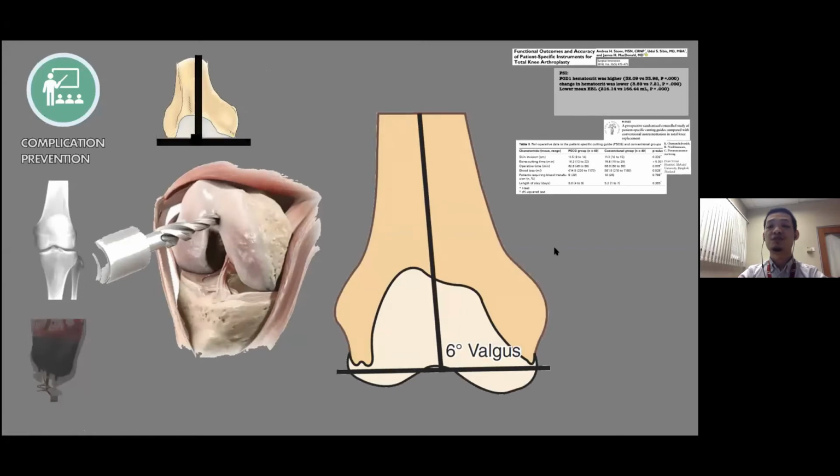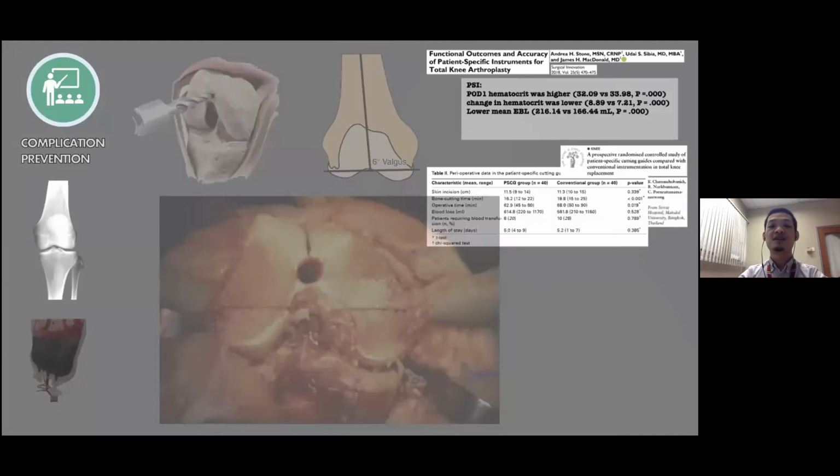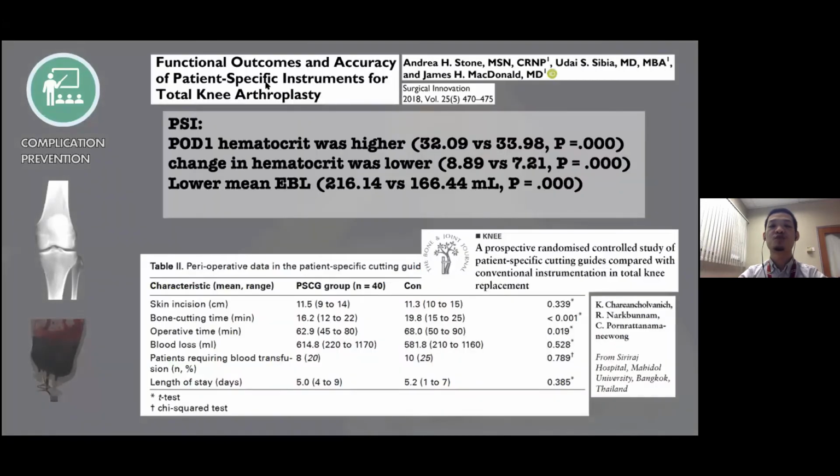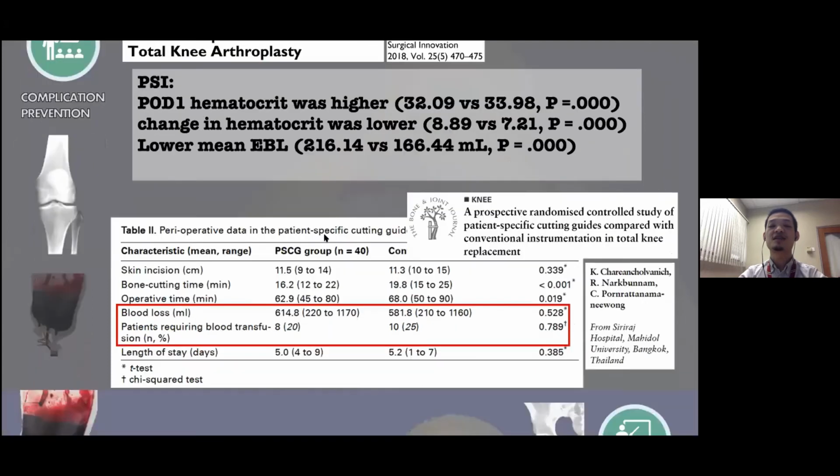So when we do the surgery, there is a hole in the femur, and we know that patients can bleed from the bone. We can cover it using cement or the patient's own bone, but patients still bleed even post-operatively. When they studied this, they noted that patients with patient-specific instrumentation have about 40 mils less bleeding. But the good thing is that fewer patients require transfusion.